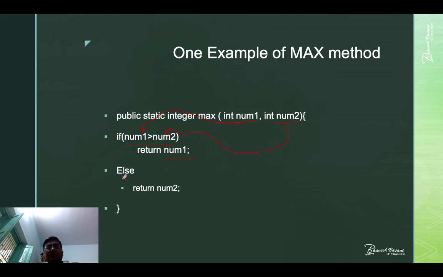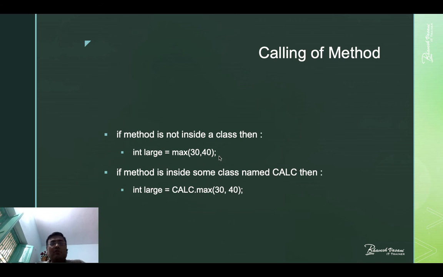So the computer will go inside the else and return num2. So 40 will be returned. In this example, we are calling the method named max directly, without any class name or object name, because the method is not inside a class.